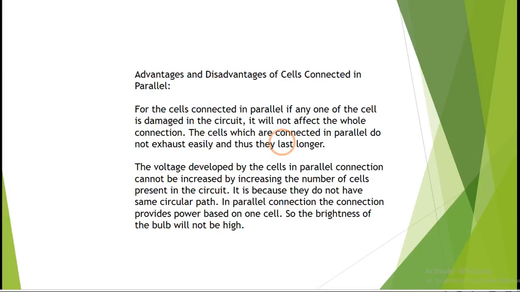As disadvantages, the voltage developed by the cells in parallel connection cannot be increased by increasing the number of cells present in the circuit. It is because they do not have the same circular path. In parallel connection, the connection provides power based on one cell, so the brightness of the bulb will not be high. So in this way, we had a discussion on cells when they are connected parallelly.